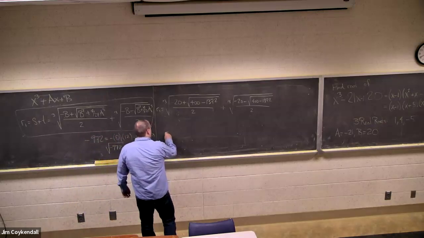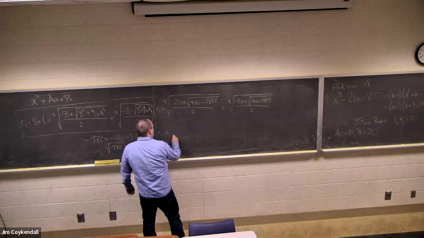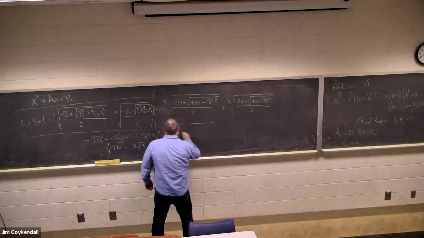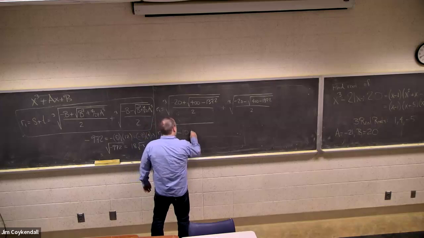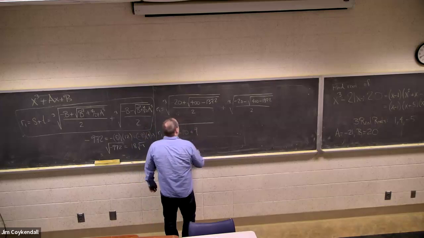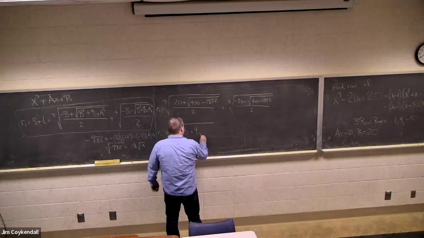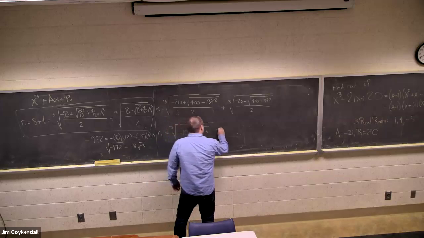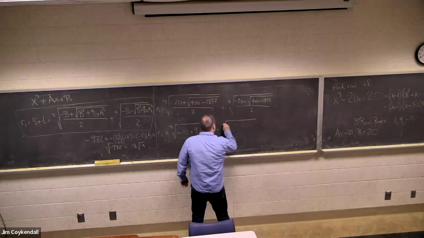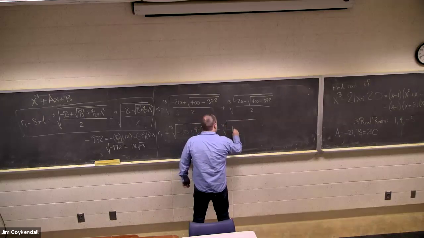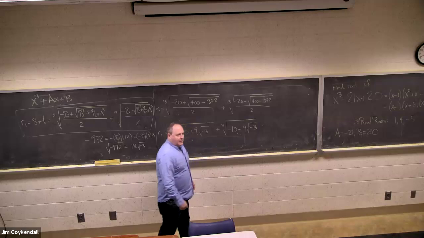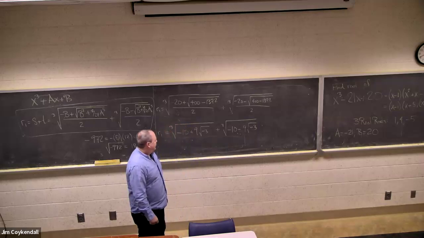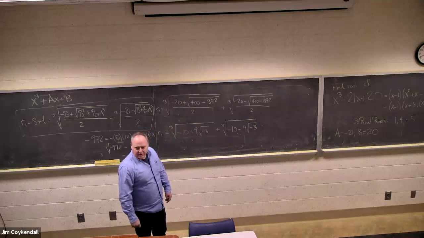So this root turns out to be the cube root of -10 plus 9 radical -3, plus the cube root of -10 minus 9 radical -3.